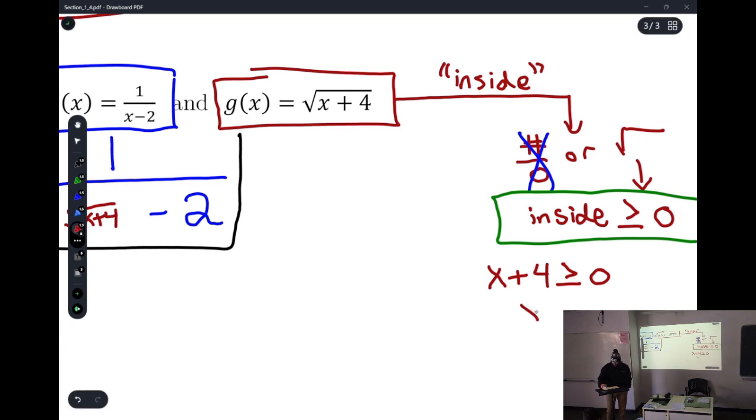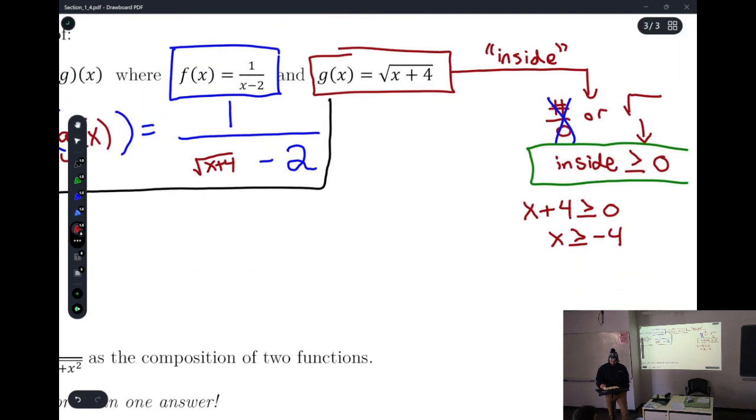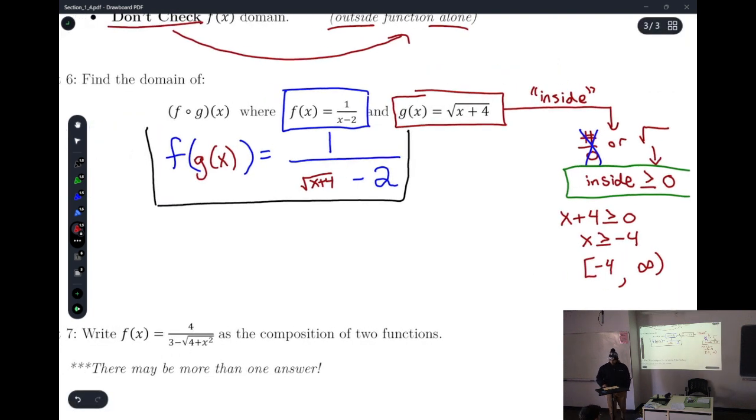Which means that x is technically bigger than or equal to negative 4. And in interval form, that looks like negative 4 ad infinitum. We checked the inside. Yay.